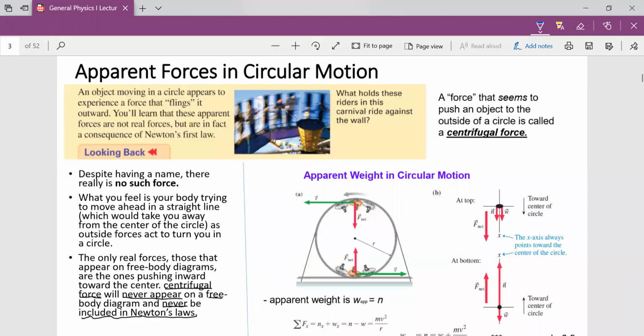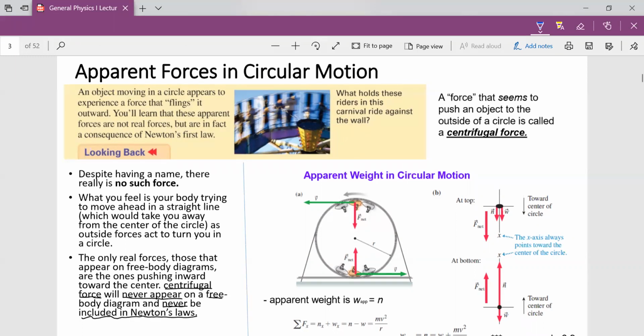We described it as W_app, to stand for apparent weight, which is equal to the sum of the contact forces around that object, which gives you the feeling of lightness or heaviness during motion. So we are going to import that idea of apparent into describing apparent forces in circular motion.